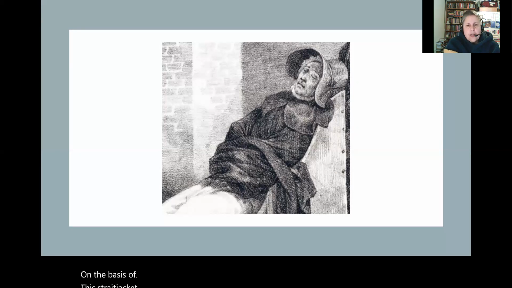The other thing in looking at this image is, you know, this woman is weakened, she's stressed, she's in crisis. She looks like she's got the weight of the world on her shoulders. She seems to be resigned to her fate.